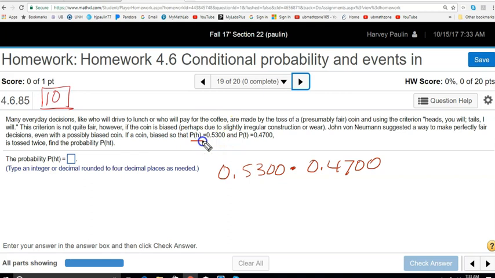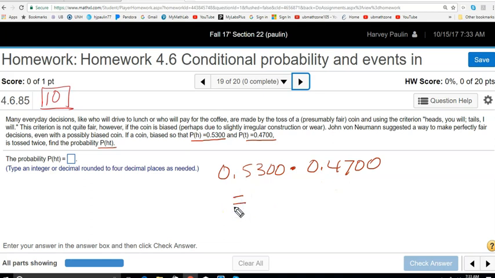That you're going to get a heads might be this, that you're going to get a tails would be that. And then here, if you toss the coin twice, what's the probability of getting a heads or tails? And it's just the multiplication of these two.